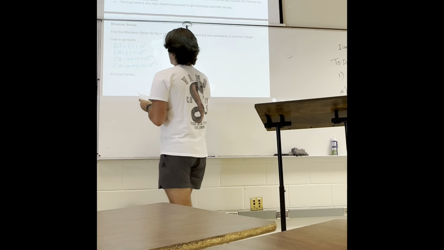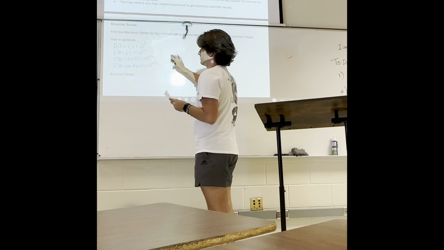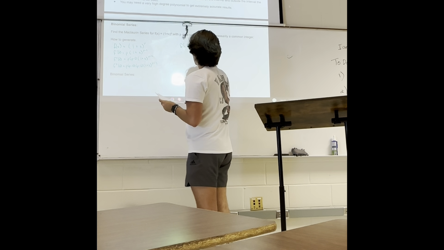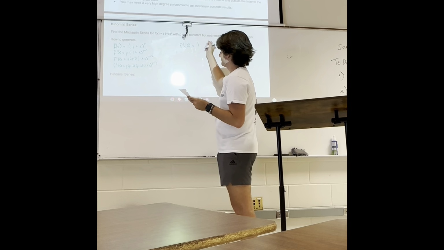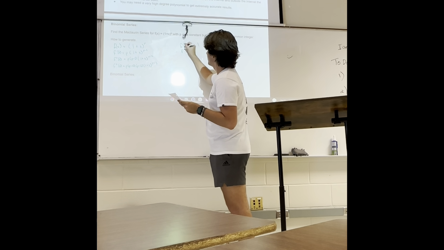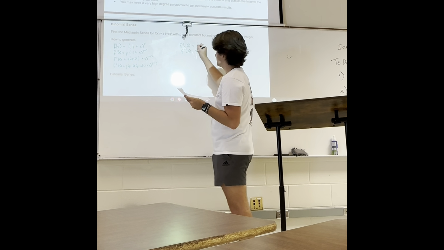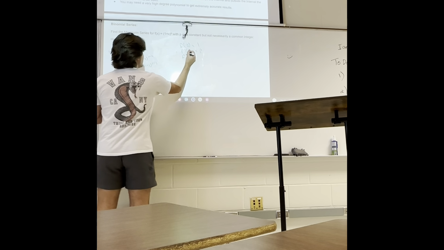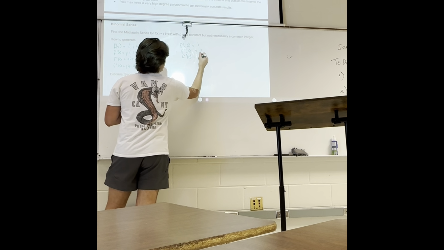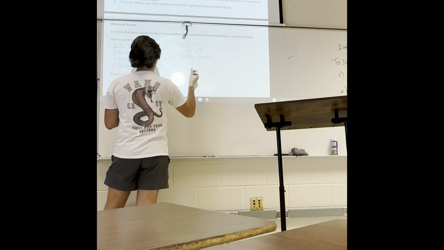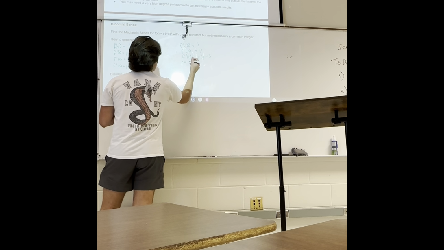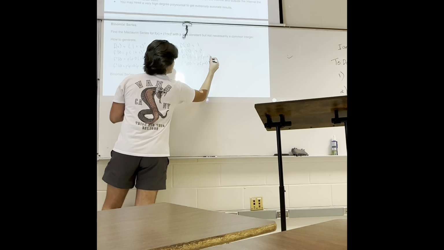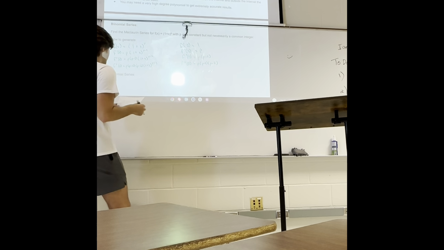You're going to find your f of 0, your f prime of 0, your f double prime of 0, and your f triple prime of 0. So your f of 0 is always going to equal 1, your f prime of 0 is going to equal p, your f double prime of 0 is going to equal p times p minus 1, and your f triple prime of 0 is going to equal p times p minus 1 times p minus 2.